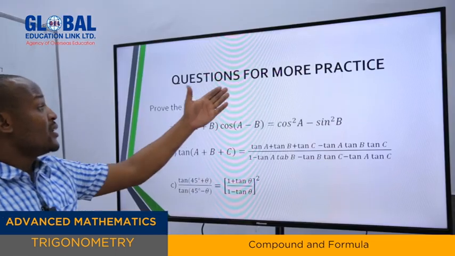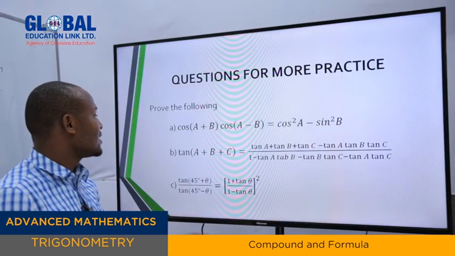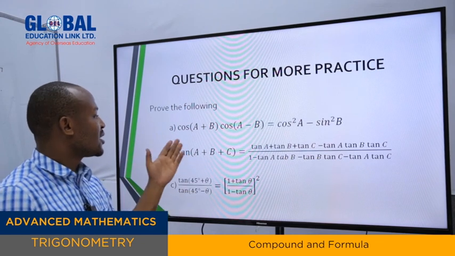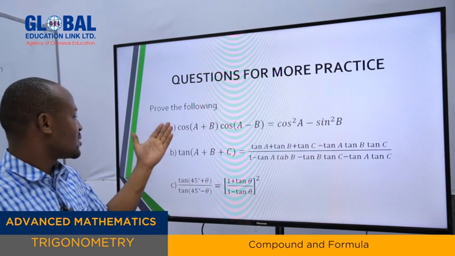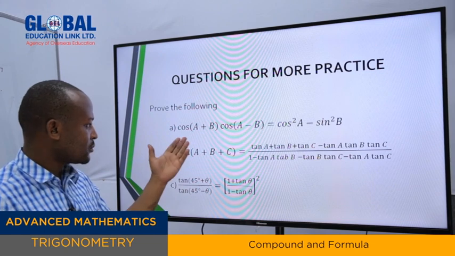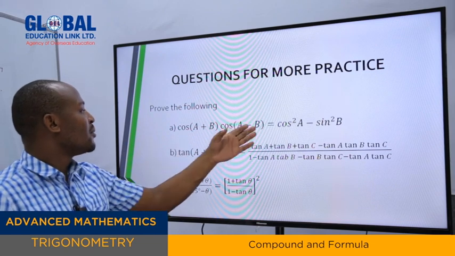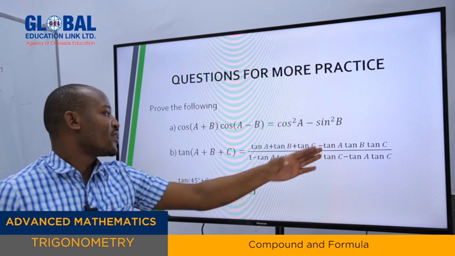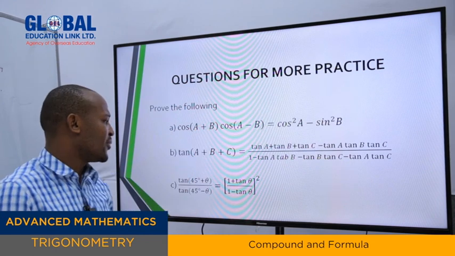You can do these questions for more practice. For example, the question says prove that cos of A plus B times cos of A minus B equals that. You can just expand, and it's fairly simple.